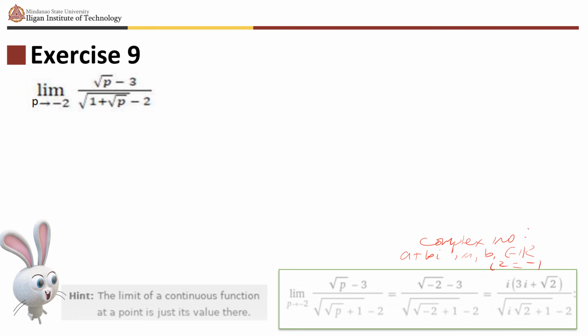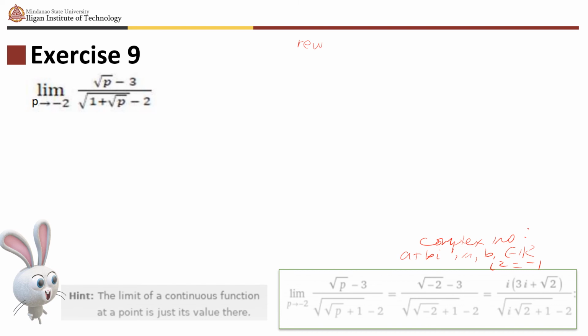But we can also solve this in a different way, just like what we did earlier. We come up with the same answer actually, although it would look different, but it's simply the same.